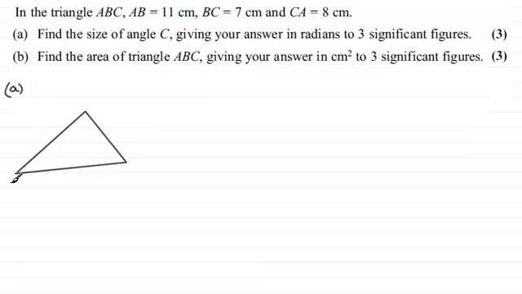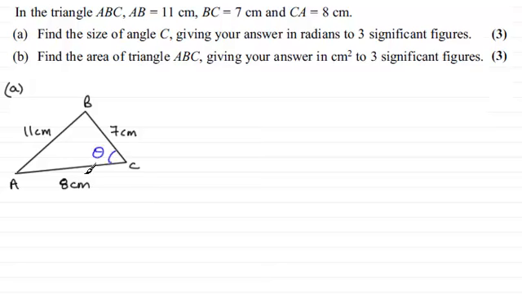This is angle A, this is angle B, and this will be angle C. We're told that AB is 11 centimetres, BC is 7 centimetres, and CA is 8 centimetres. And we've got to find the angle C. Now I'm going to call the angle C, let's say we call it theta.